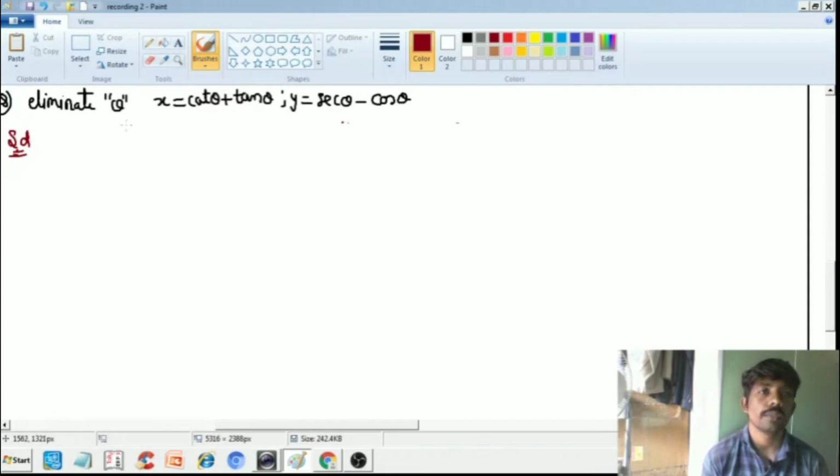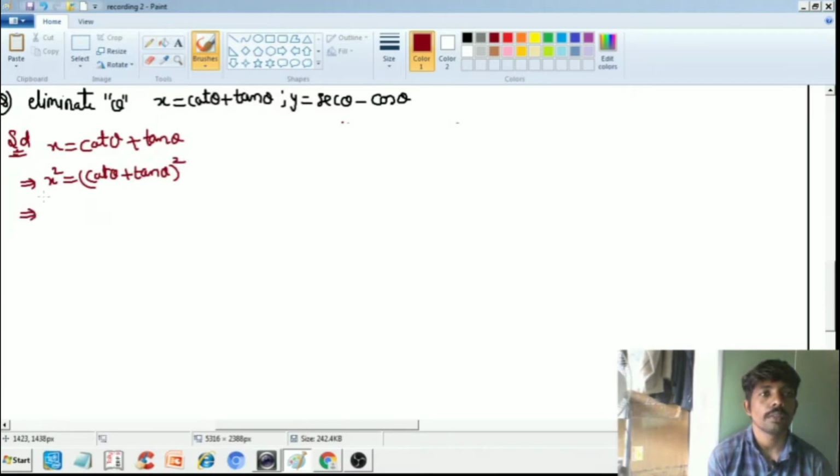Here in this question, we need to eliminate theta. It looks a little bit difficult, but it's actually very easy. Whenever the question is given as cot theta plus tan theta, I am squaring on both sides: x square is equal to cot theta plus tan theta whole square. From here, x square is equal to cot square theta plus tan square theta plus 2 cot theta into tan theta.